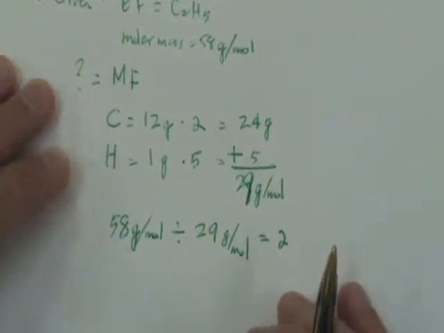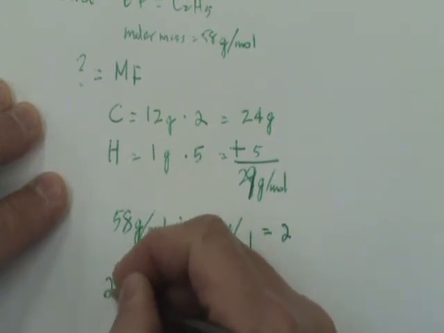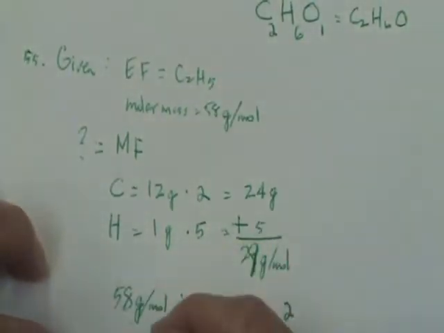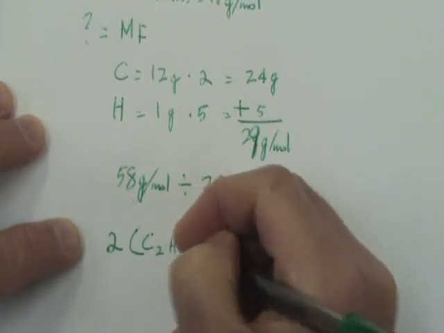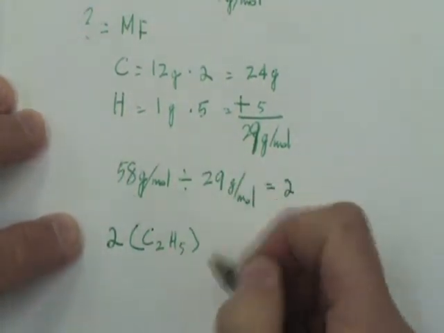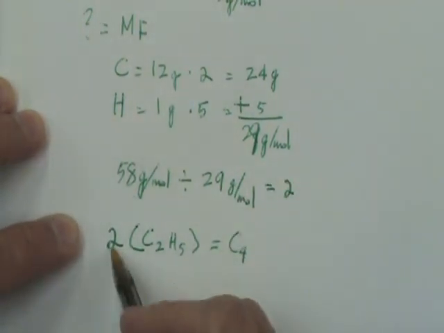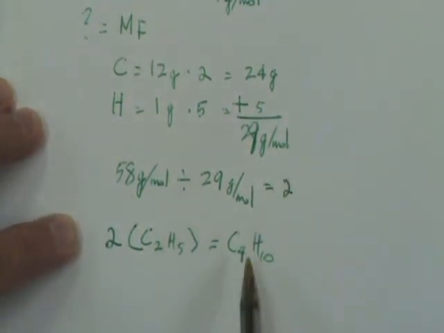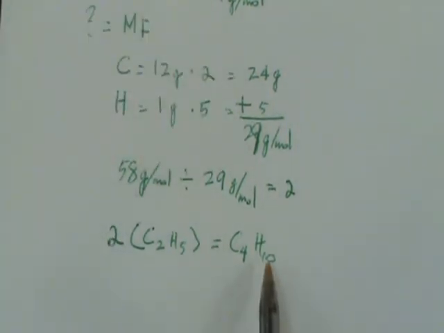So basically, in order to determine the molecular formula, it's twice the amount of our empirical formula. So I just write it down like this. That's 2 times C2H5. And just using your distributive property in math, 2 times 2, that gives you 4. 2 times 5, that gives you 10. So our molecular formula, which is the actual ratio of atoms to each other, is C4H10.